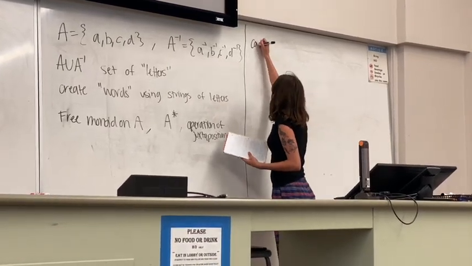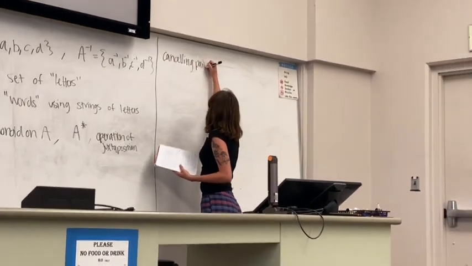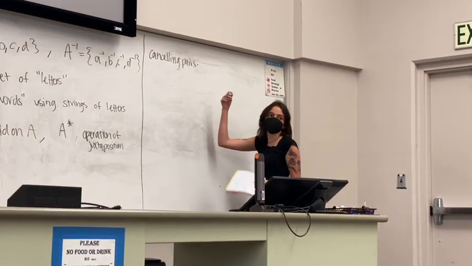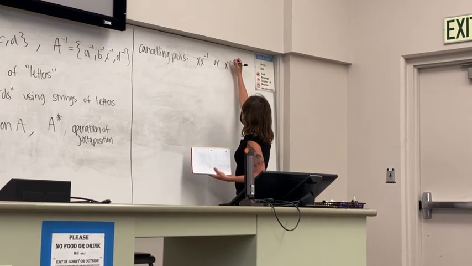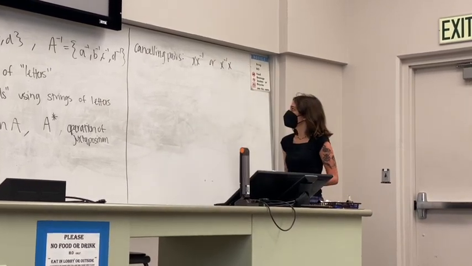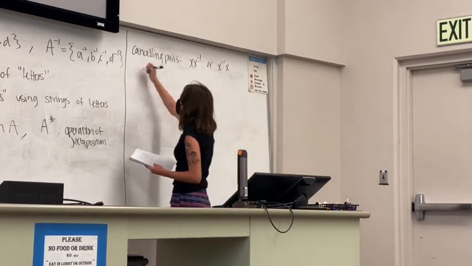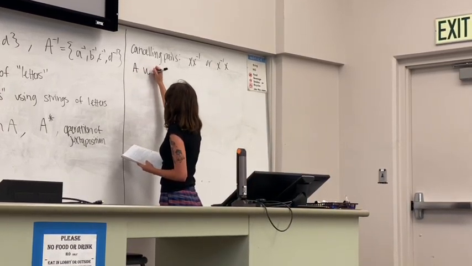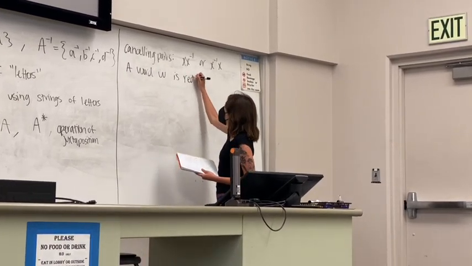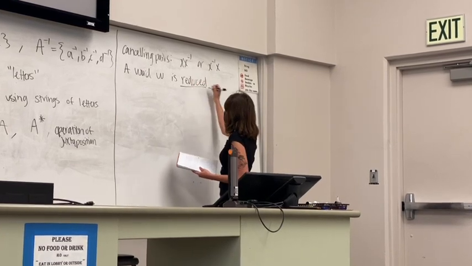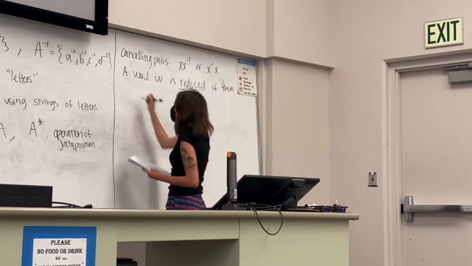We do that by defining canceling pairs, which are subwords or substrings of the form x x inverse or x inverse x. We call strings like this canceling pairs. Furthermore, we say that a word W is reduced if there are no canceling pairs present.